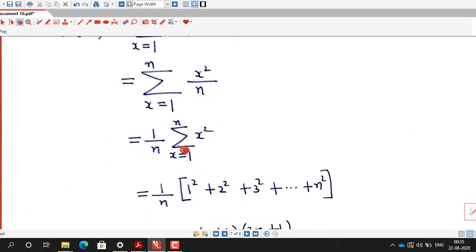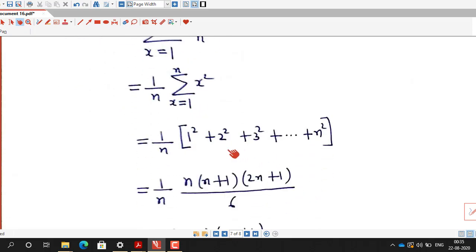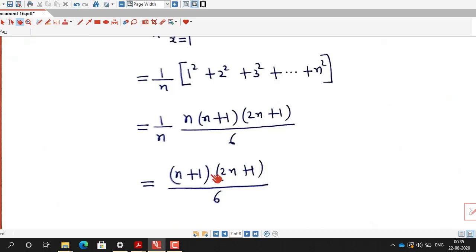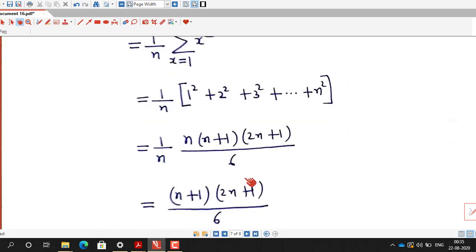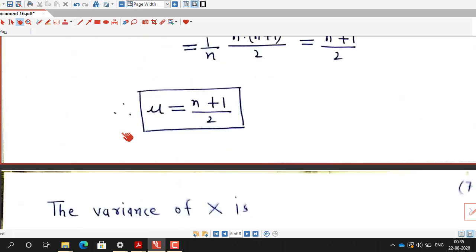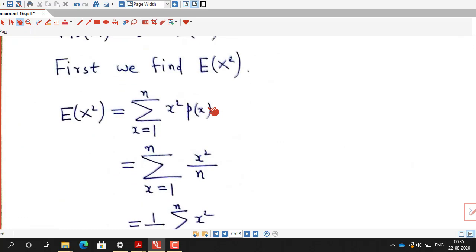Now this is nothing but the sum of squares of the first n natural numbers. So we have the ready-made formula for this, n into n plus 1, 2n plus 1 divided by 6. So here n will cancel out and we obtain n plus 1, 2n plus 1 divided by 6. So this is nothing but the expected value of x square, and the mean is n plus 1 by 2.